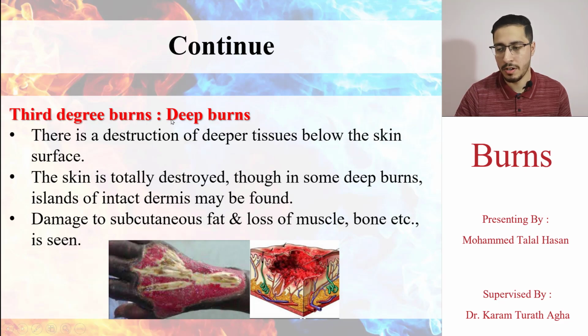The third degree burn, the deep burn, is also called the full thickness burn. This is destruction of deeper tissue below the skin surface. The skin is totally destroyed. In some deep burns, islands of intact dermis may be found, and damage to the subcutaneous fat and loss of muscle and bone is seen.